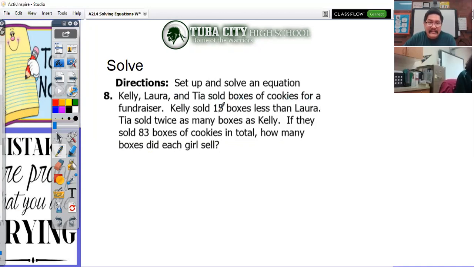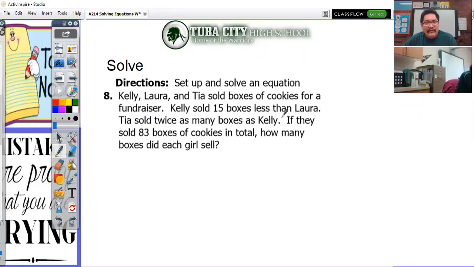This 15 doesn't mean that she sold 15 boxes. She sold 15 less than Laura. So if we know what Laura sold, we minus 15 and that's how we get Kelly's. And the second clue statement is Tia sold twice as many boxes as Kelly. So if we know what Kelly sold, we double that, and that's what Tia sold.